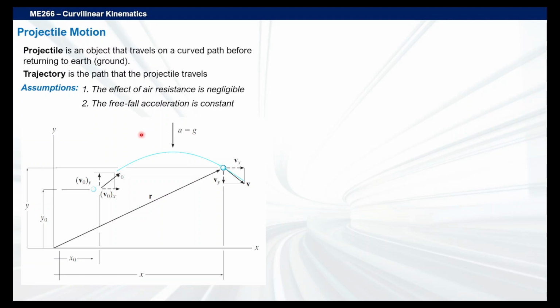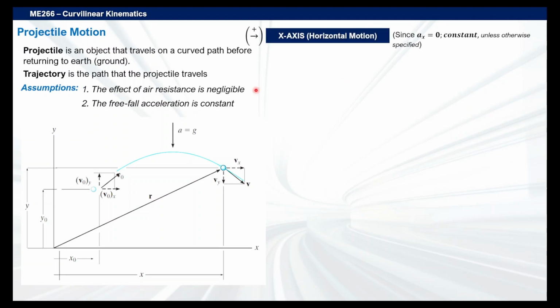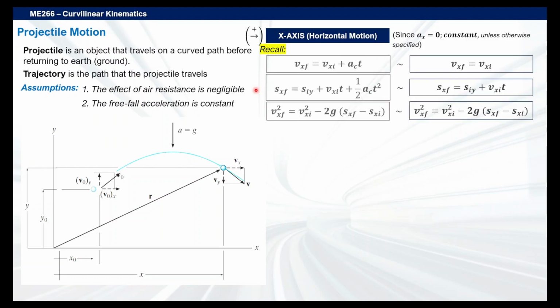So let's break it down ng konti. So we have yung x-axis, which is horizontal motion. Again, positive, going to the right. So since ax is acceleration sub x, or horizontal acceleration, it's practically 0. So meaning constant yan, unless otherwise specified. So recall yung mga formulas natin before pagdating sa kinematic equations natin. If you remember this, if we're going to convert it in projectile, it's going to be this one.